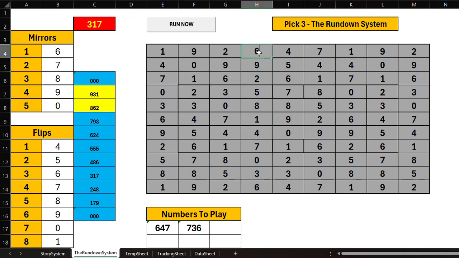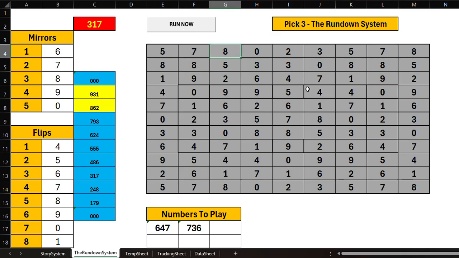So it's going to be 0, 2, 3, 5, 7, 8. Here's your number. It's a 7. And the 7 is the 317. So 317 is here.